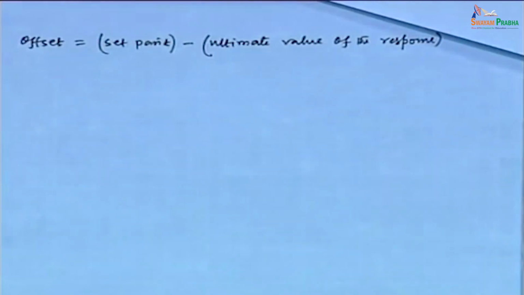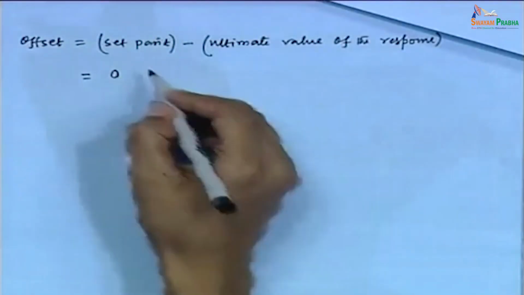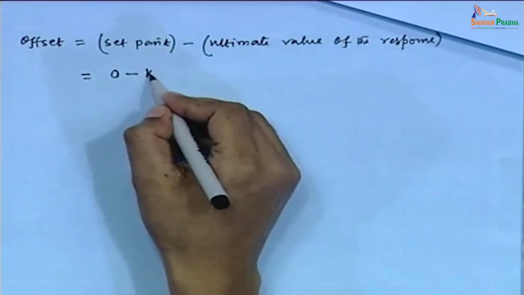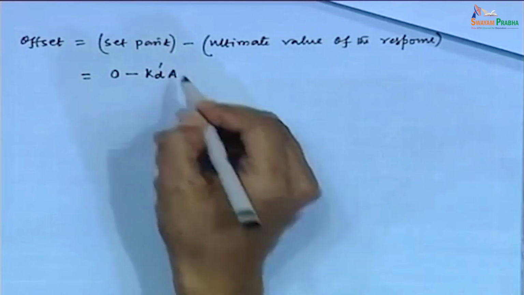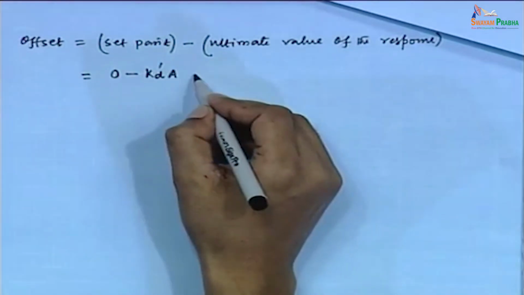The ultimate value of the response can be determined by the application of the final value theorem. Anyway, how much is the set point? Set point is 0. And how much is the ultimate value of the response? It is k d prime A.